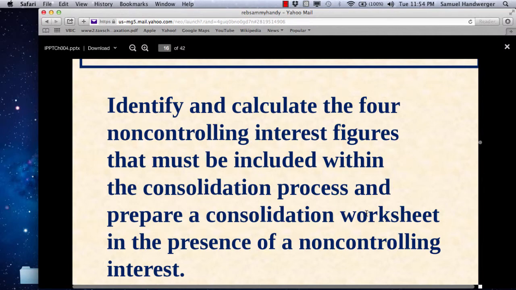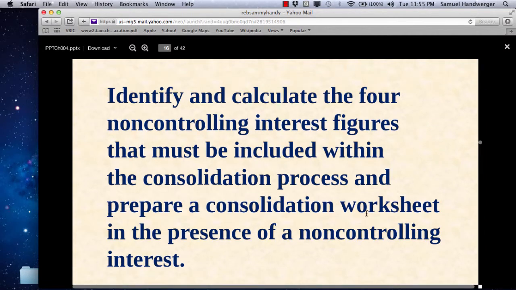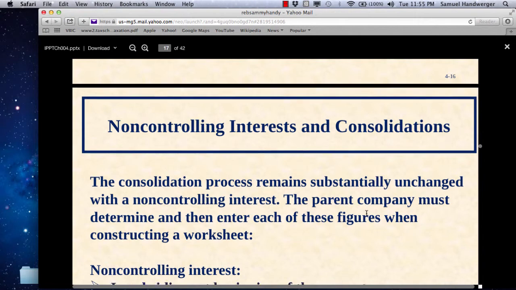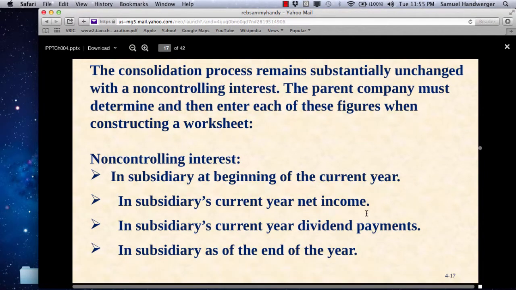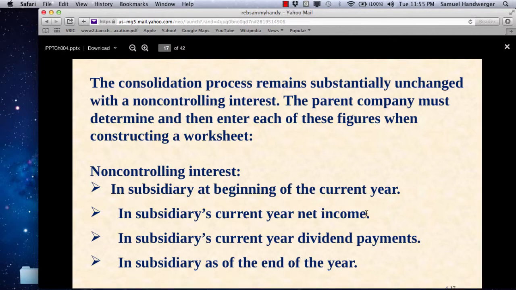All right, what we want to see here is that there are 4 presentations on a consolidated financial statement where we're going to concentrate on showing something to the reader about the non-controlling interest. And let's see what they are. Notice that the first part of this tells us that the consolidation process remains substantially unchanged from when we had 100% ownership, because we're still doing 100% of assets and liabilities.